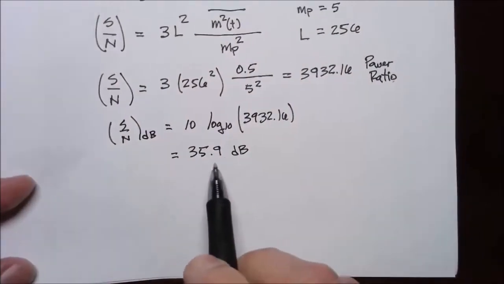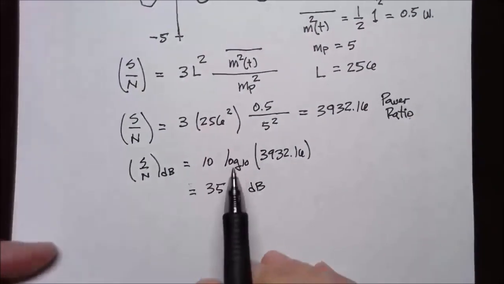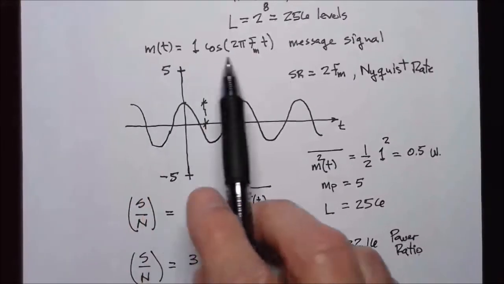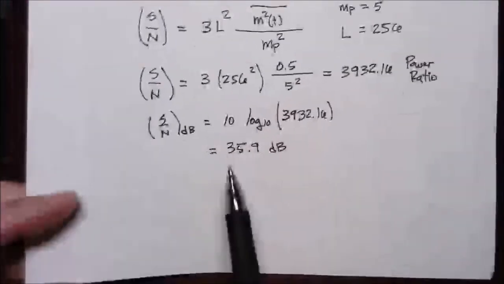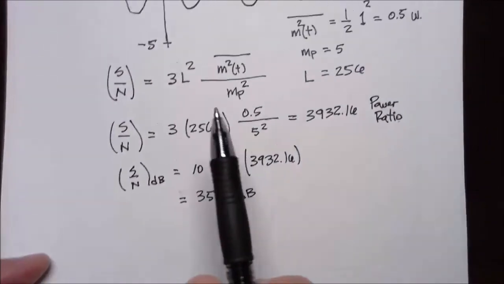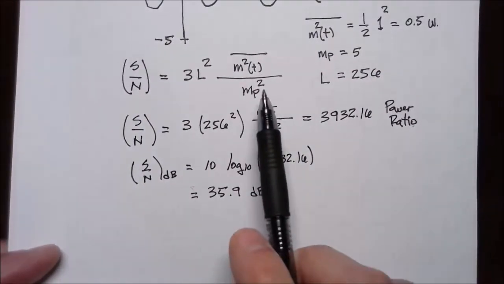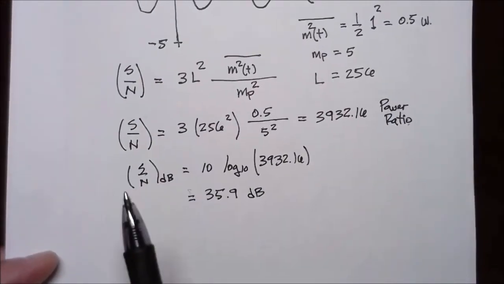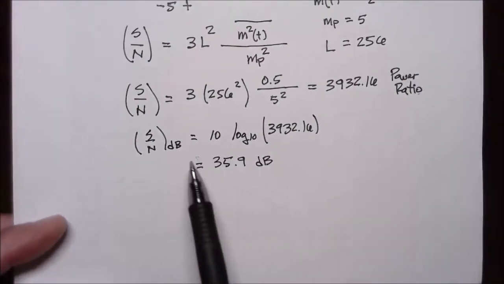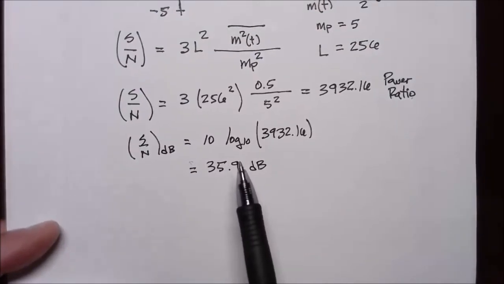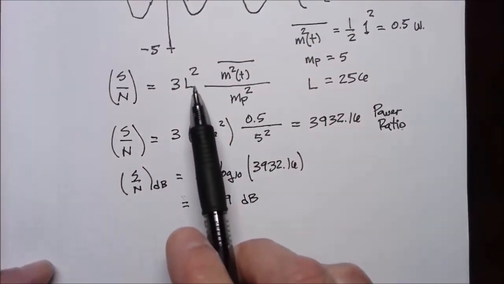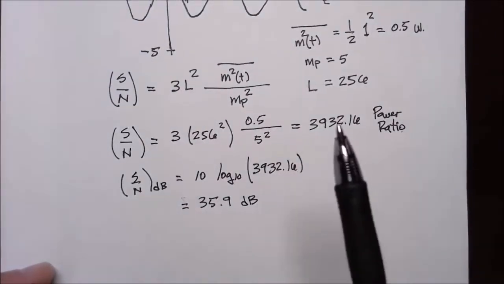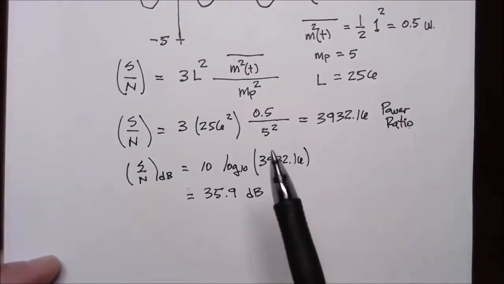Okay. Now, this signal to noise ratio is determined first of all by the signal power, which was given to us when we knew the amplitude of the cosine, and it is completely dependent otherwise upon the peak range of the digitizer and the number of levels. If we wanted to improve this signal to noise ratio, we could increase the number of levels, which would mean increasing from 8 bits to 9 or 10 or 14 or whatever.